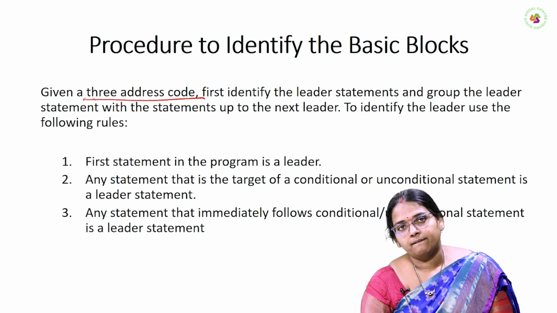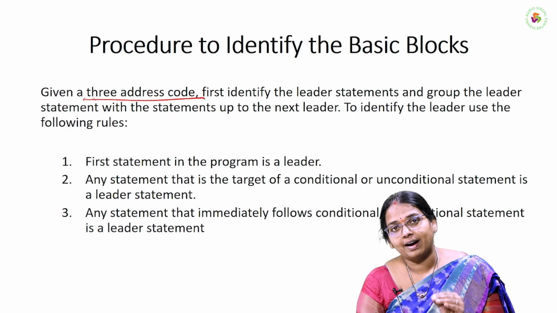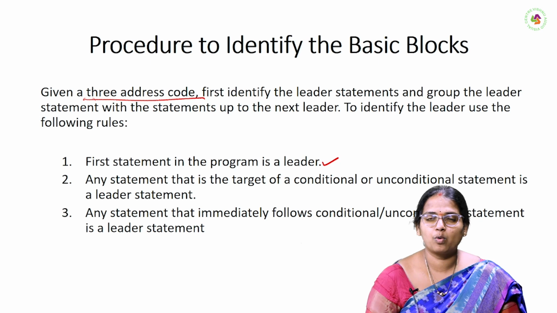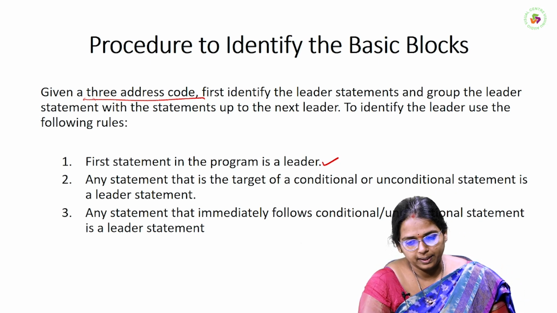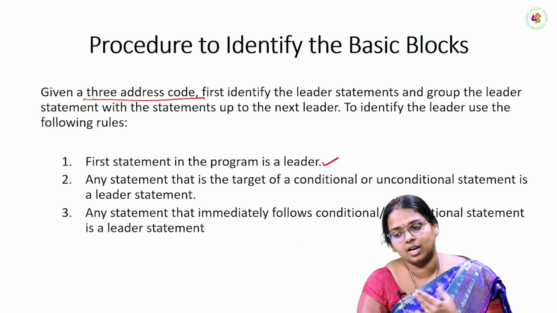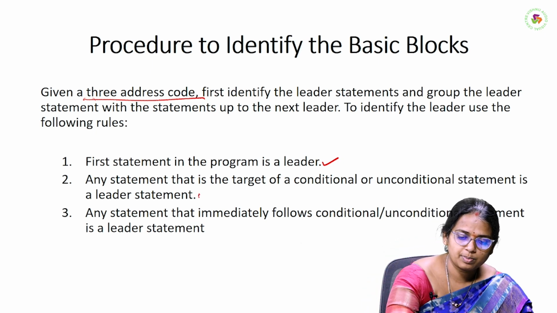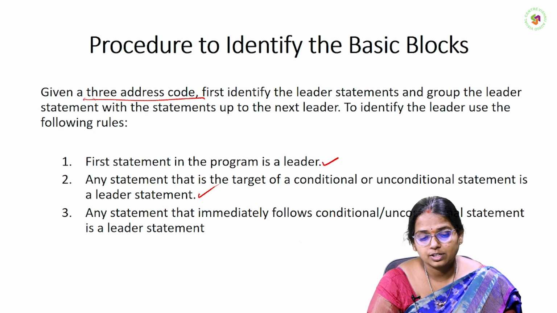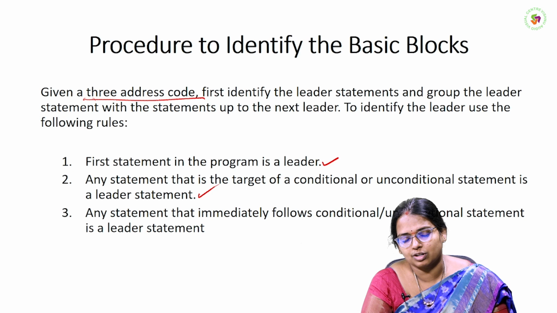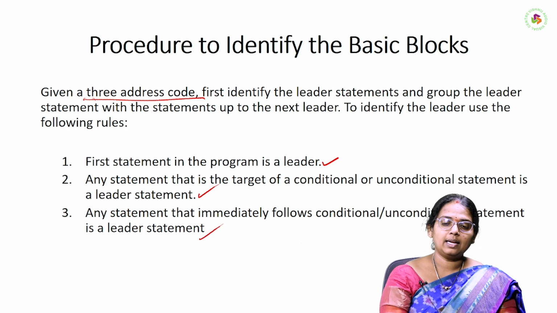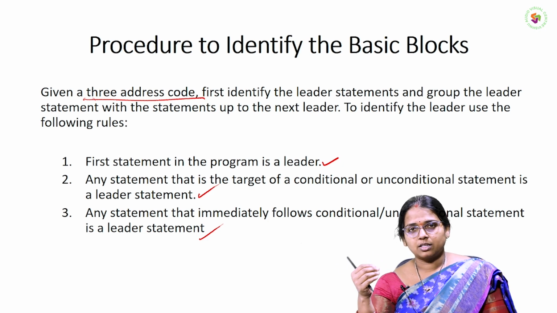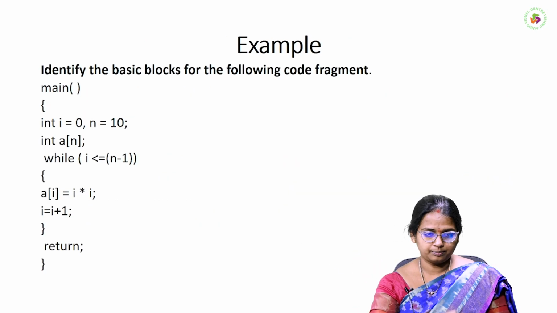Then we group the statements from one leader statement to the next. The first statement in the program is always a leader statement. Next, any statement that is a target of a conditional or unconditional jump is also a leader statement. Any statement immediately following a conditional or unconditional jump is also a leader statement. Based on these three situations, we divide the three address code into blocks.